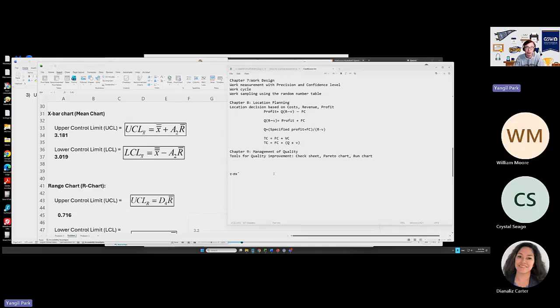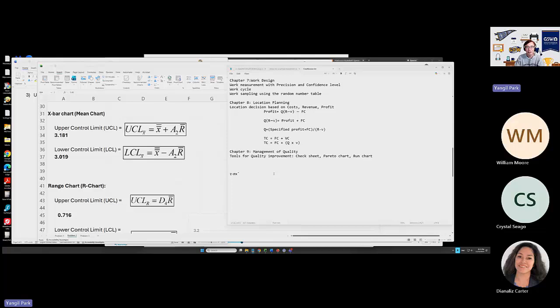That's chapter 7. And chapter 8 was location planning. Remember those profit and costs, variable costs, fixed costs, and you also have a revenue, and just manipulating some of those formulas and equations. So that was chapter 8.